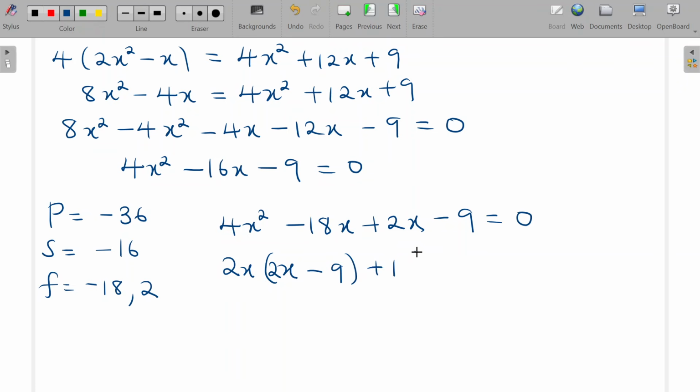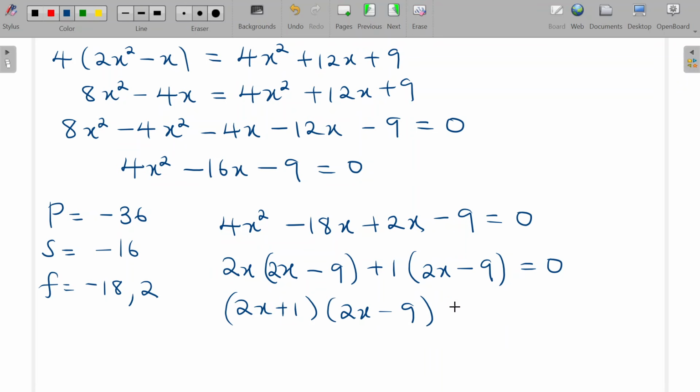It is 1. 1 into 2x is 2x, and 1 into negative 9 is minus 9, equals 0. Then I get 2x plus 1 and 2x minus 9, equal to 0, because these two brackets are equal, so I just take one of them.